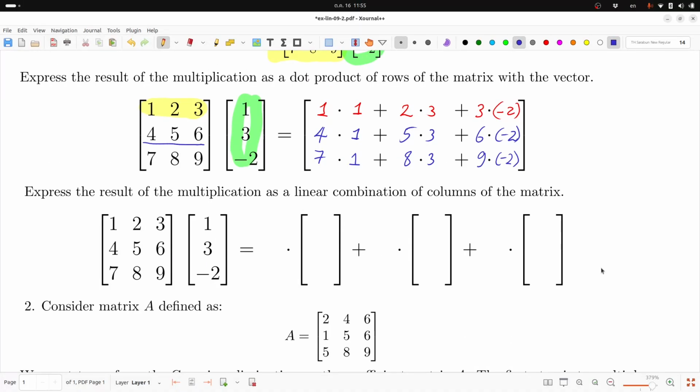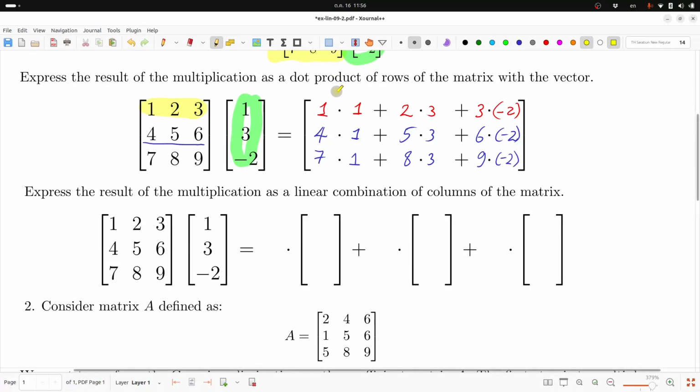Okay, when you write the multiplication like this, do you see something that you can factor out? If you look at this term, you can see that there's a 1 that you can factor out.